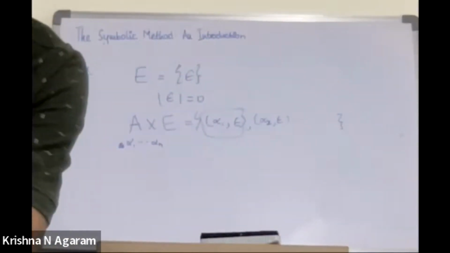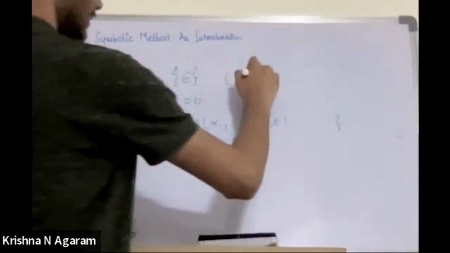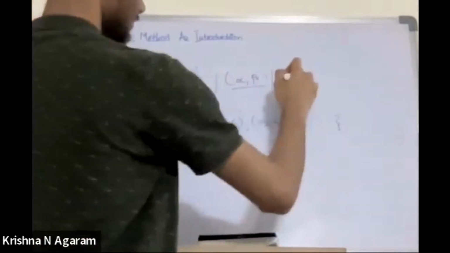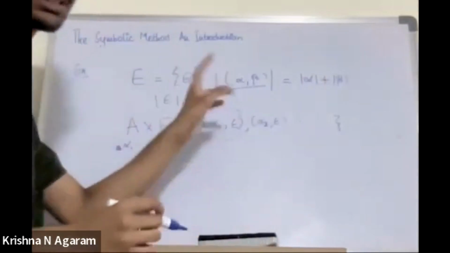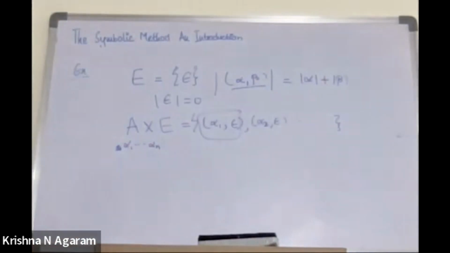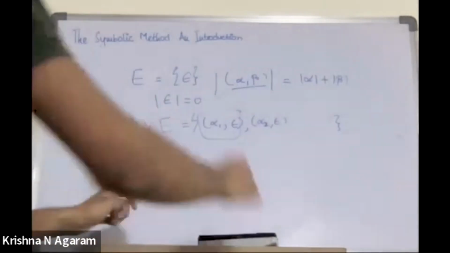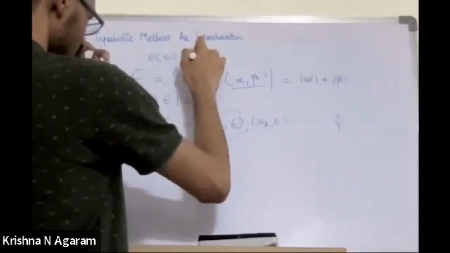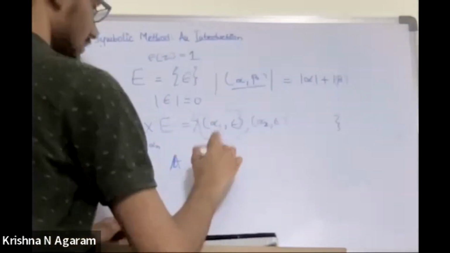Can you take the definition of the size of A cross B? Yes, I defined that. For alpha, beta an element of A cross B, I defined the size to be the size of alpha plus the size of beta. That's how we got that product of generating functions. So the generating function of E is just 1: one element of size 0, nothing else.